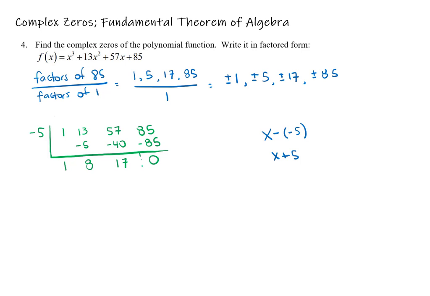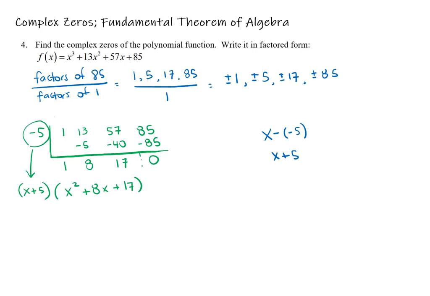So this translates into x plus 5 from the divisor, and then x squared plus 8x plus 17. And so that would be my f of x function written in partially factored form.